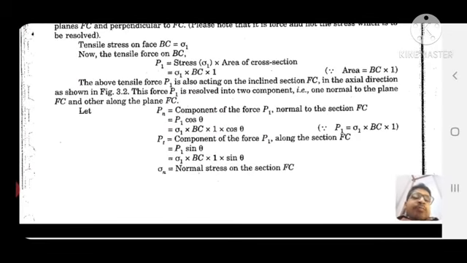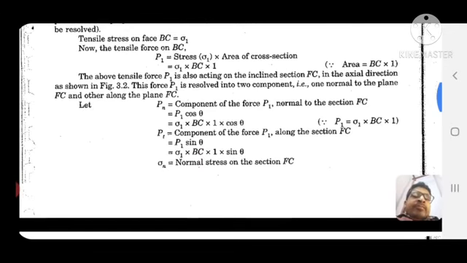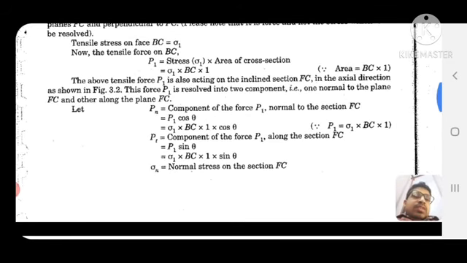The above tensile force P1 is also acting on an inclined section FC in the axial direction as shown in the figure. This force P1 is resolved into two components, one normal to the plane FC and the other along the plane FC.